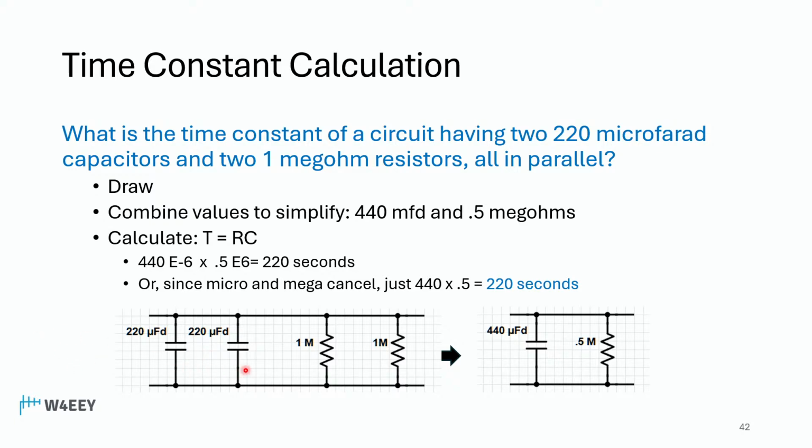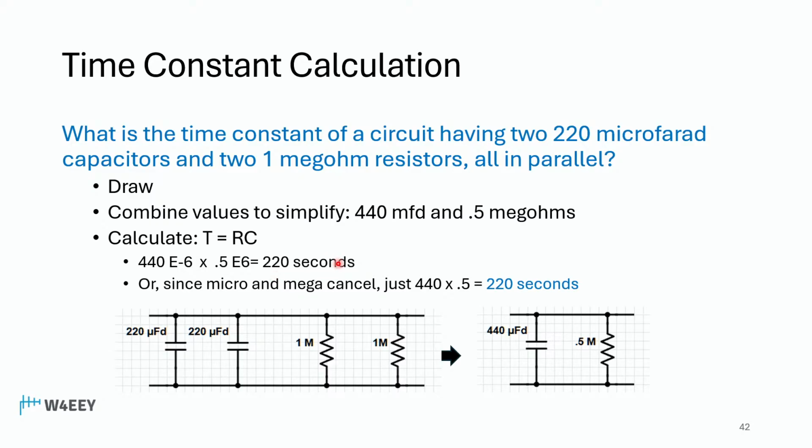Capacitors add in parallel, so we're going to simplify the circuit to 440 microfarads. Resistors in parallel become less, in this case it'd be half, or 0.5 megohms. So we can do the math from the formula, 440E-6 times 0.5E6 to get 220 seconds.